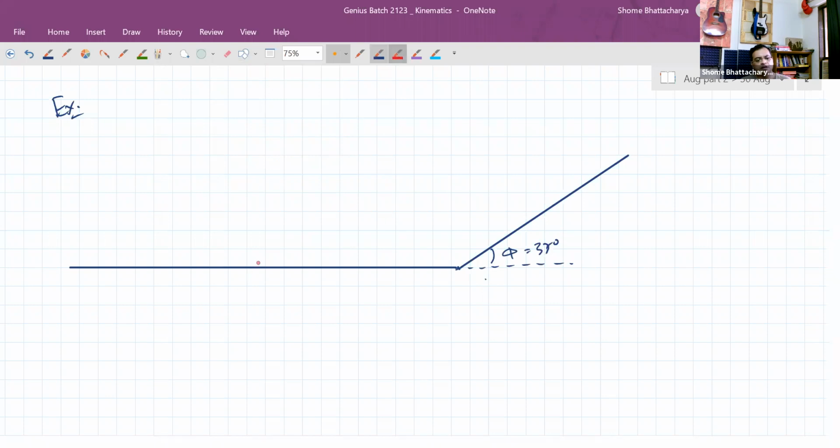And we project a particle from somewhere here with a projection velocity of 40 meters per second at a projection angle theta of 45 degrees. Take the value of g as 10 meters per second square.